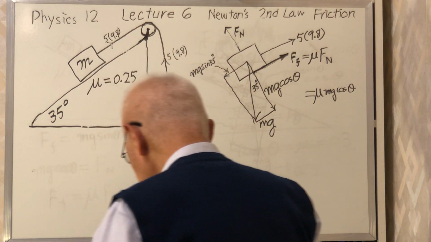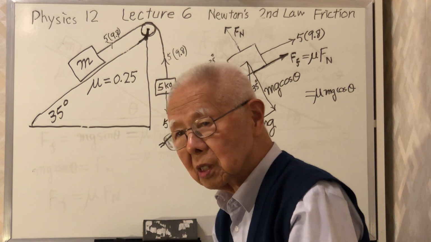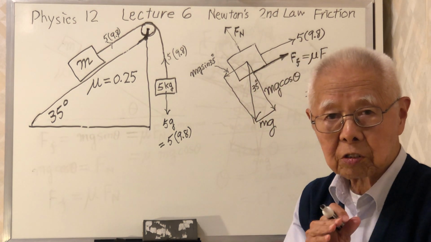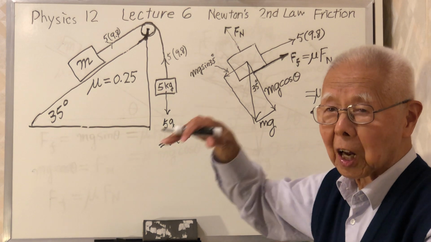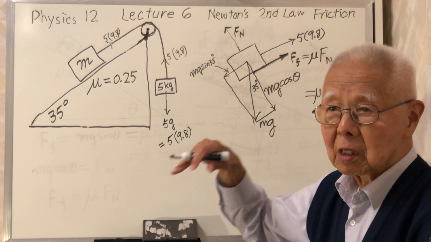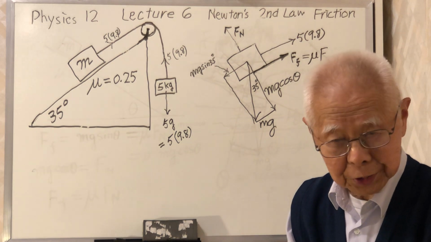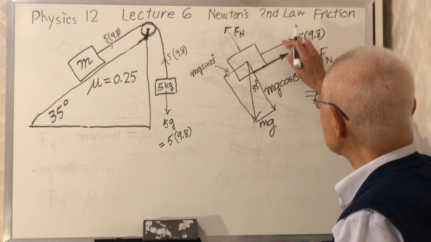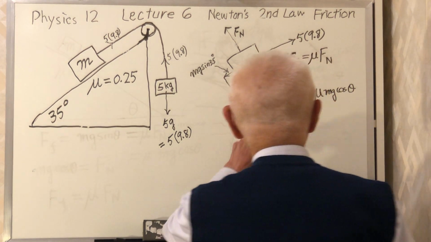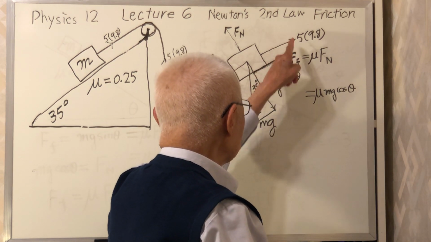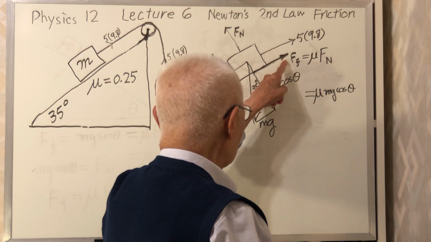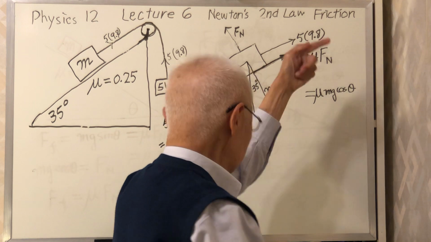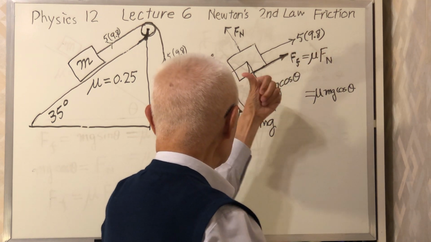So now let's write the sum or the resultant of the forces along the inclined plane. Along the inclined plane, the resultant force should be 0. Or we can say in another way, this force plus this force should equal this force. So these two forces are this way, and this force is this way.